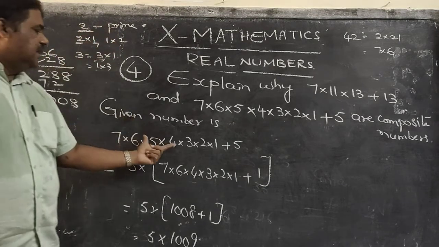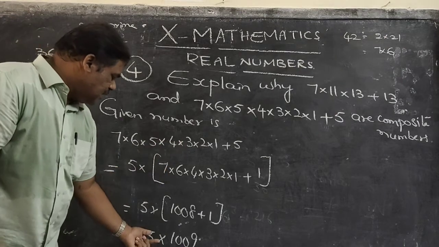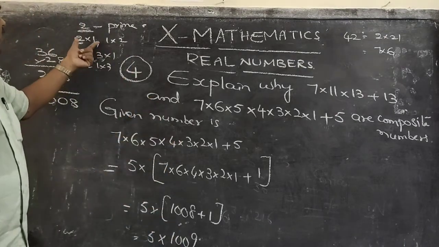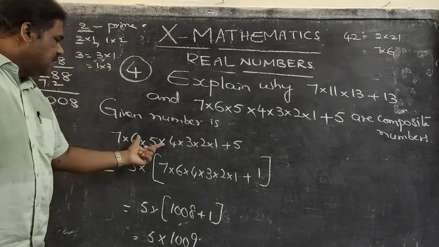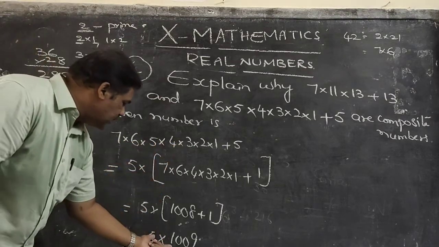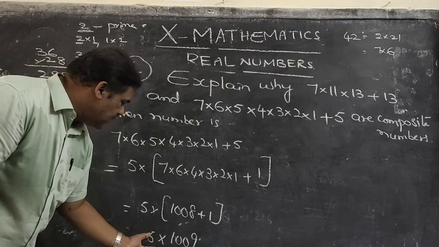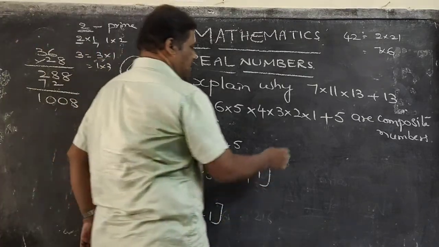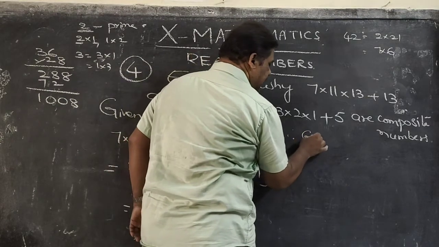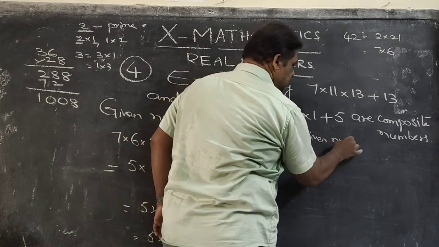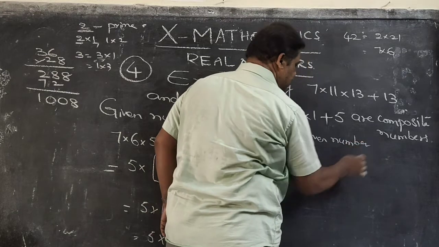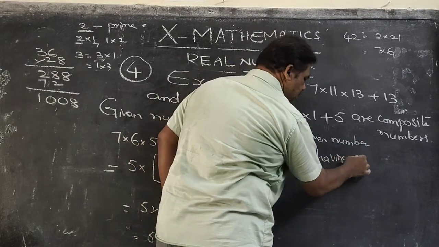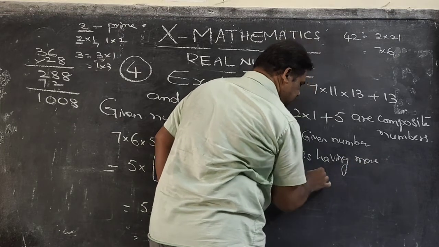Here you see the given number is expressed as product of 2 other numbers. Actually, if it is a prime number, it should have only 2 factors. But here, this number is having more than 2 factors. So we got some other 2 factors. Therefore, given number is having more than 2 factors.